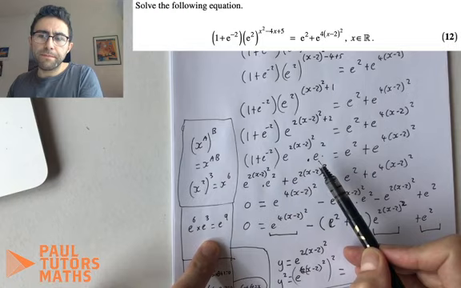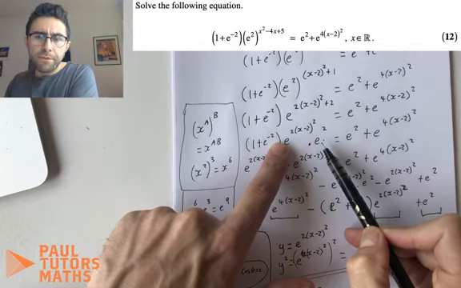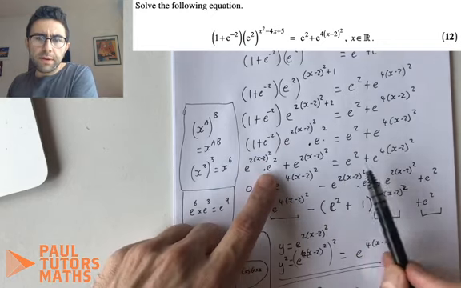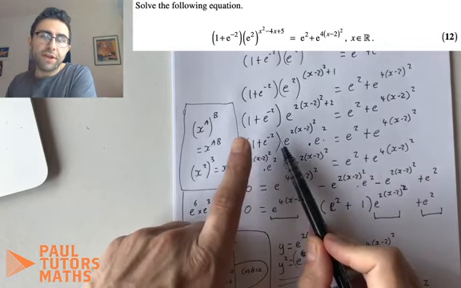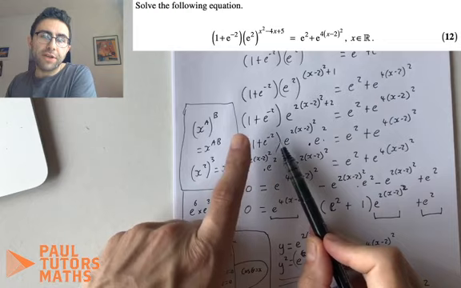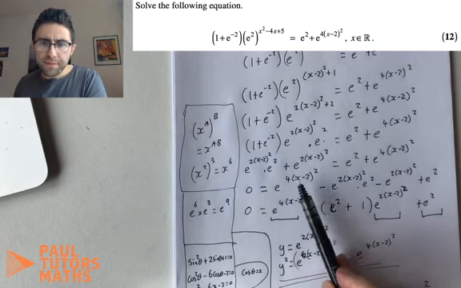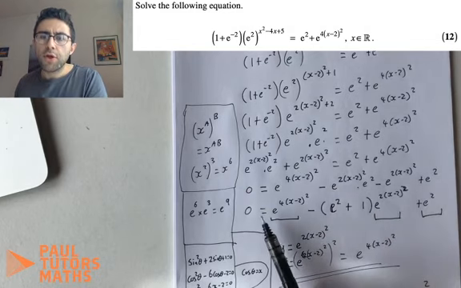Split it up into 2 using this rule, the rule of powers. There you go. Next, multiplied out through the brackets. So you've got 2 expressions. Brought everything over to the right-hand side. Looks like that now.